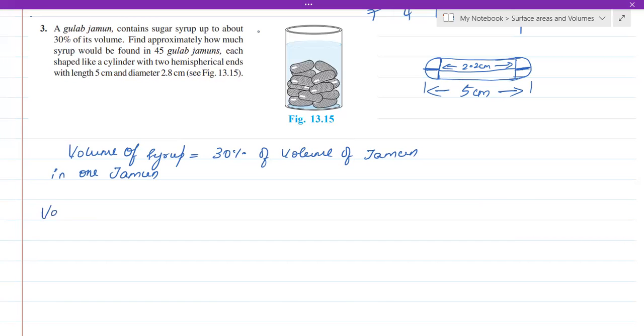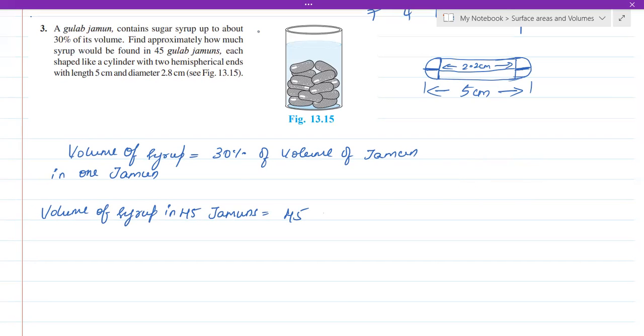So, volume of syrup in 45 jamuns is equal to, just multiply 45. This is for 1 jamun. If you want for 45 jamuns, we have to multiply by 45, isn't it? For example, 1 pen is 10 rupees. 5 pen is how much? You'll simply multiply 5 and 10, right?